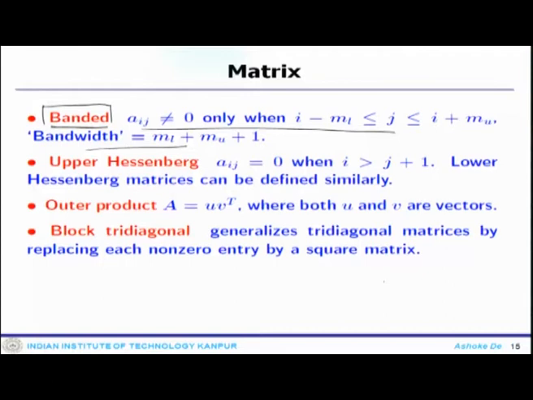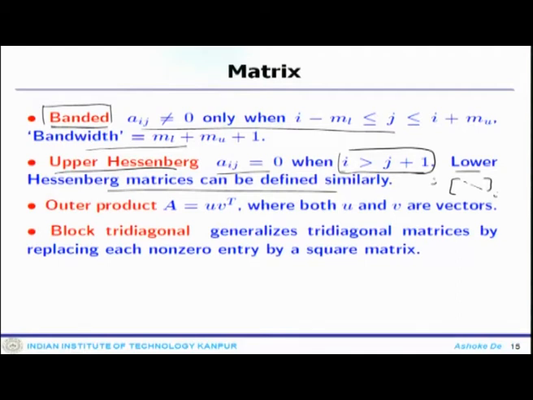Then another system is called the upper Hessenberg matrix, where the components are 0 for i greater than j plus 1, and the lower Hessenberg matrices can be defined similarly, which will be the reverse of that. So in a particular system you have upper Hessenberg and lower Hessenberg, which can be constituted using your i and j elements.